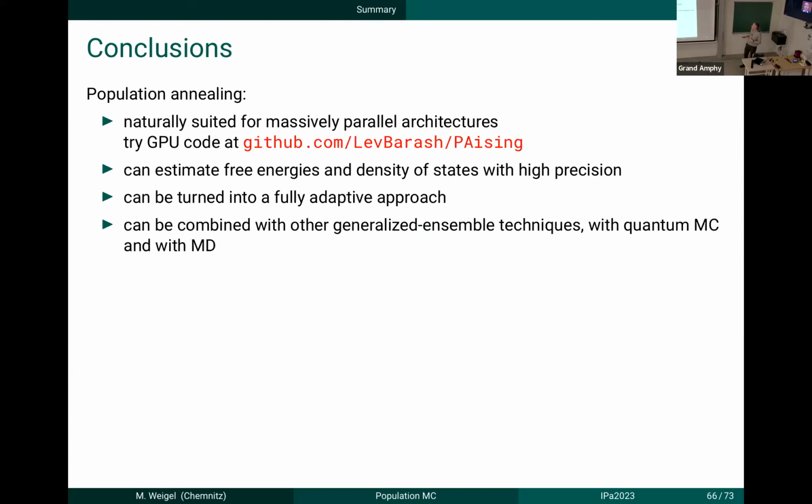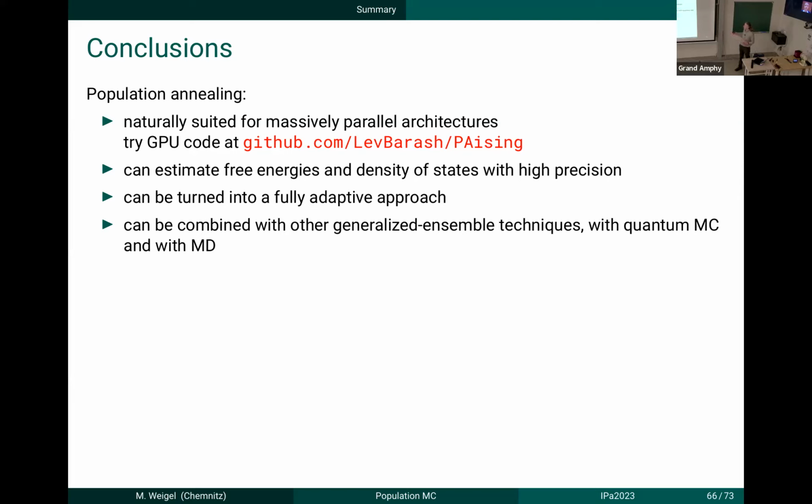So in general, I think it's a nice framework for doing parallel simulations. We have some code to play around with. This is code running on GPU for the Ising model that you can easily adapt. This is just the basic algorithm without some of the extra bells and whistles that I mentioned, but it can be a good basis for further improvements. Essentially, what are the advantages of the approach?